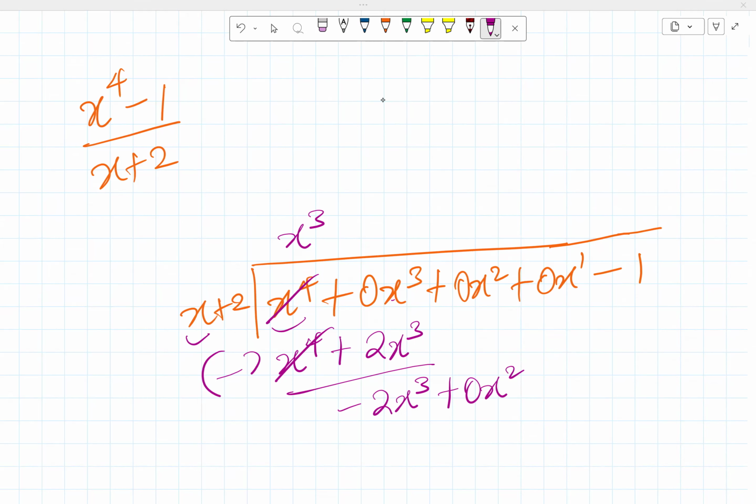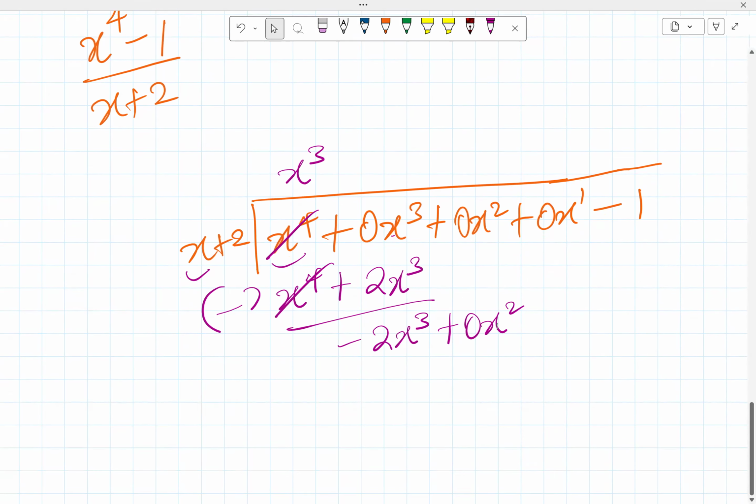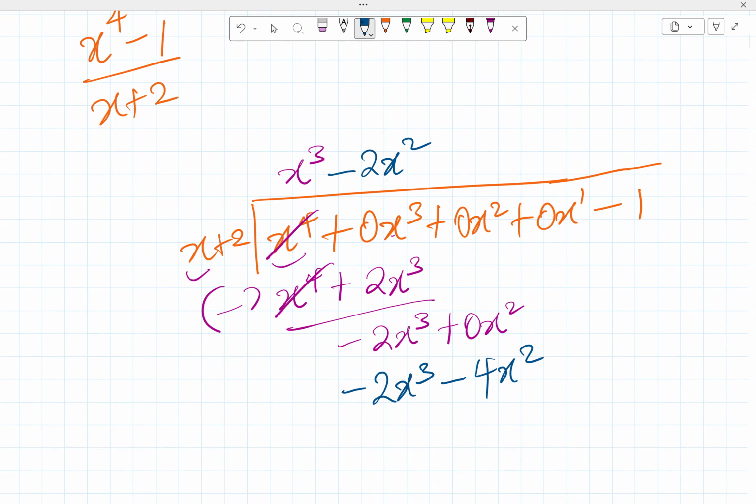For the next step, x into minus 2x cubed: x cancels x, so you have minus 2x squared. Minus 2x squared times x is minus 2x cubed, and minus 2x squared times 2 is minus 4x squared. Does that make sense? We can subtract now.